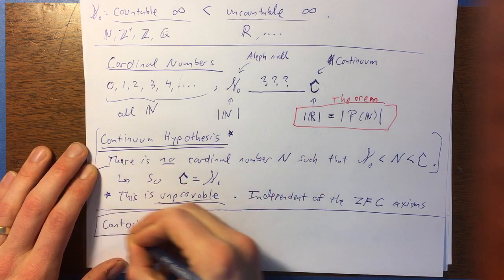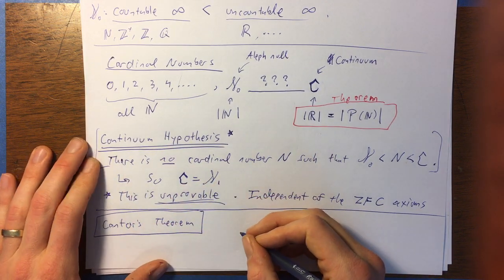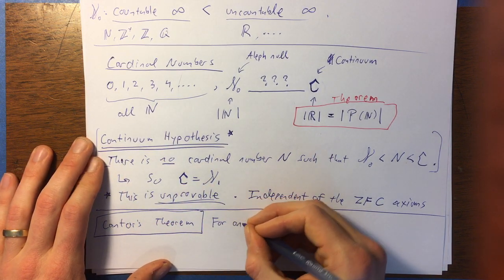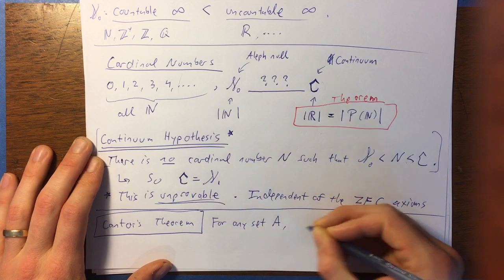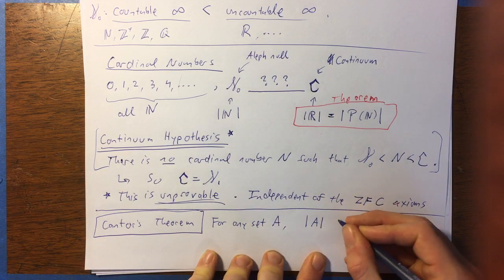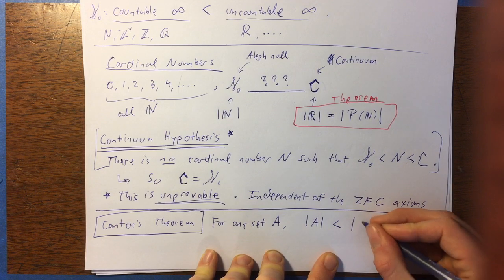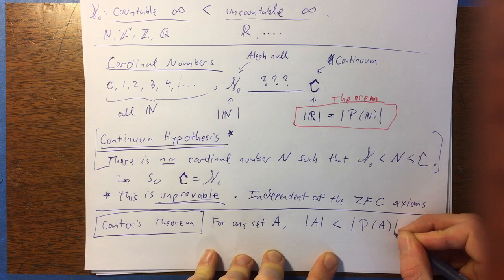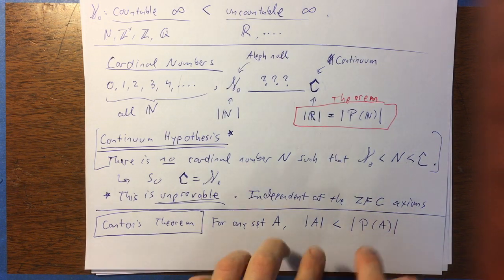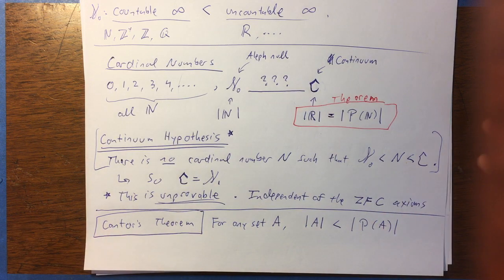So Cantor's theorem says that, for any set A, the cardinality of that set A is strictly less than the cardinality of its power set. Remember that the power set of a set is when you take all of the possible subsets of that set and use those as the elements for a new set.